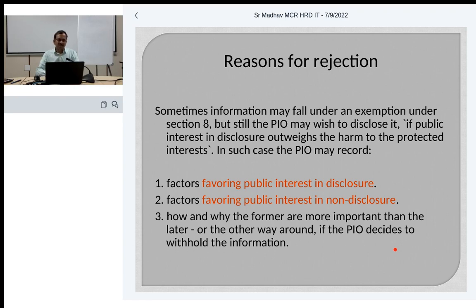Then why the PIO thinks disclosure is required in case public interest is larger than the public interest factors in non-disclosure, or the other way around. So the PIO has to list out the factors in favor of disclosure and in favor of non-disclosure, and finally write down his or her decision with regard to disclosability of information.